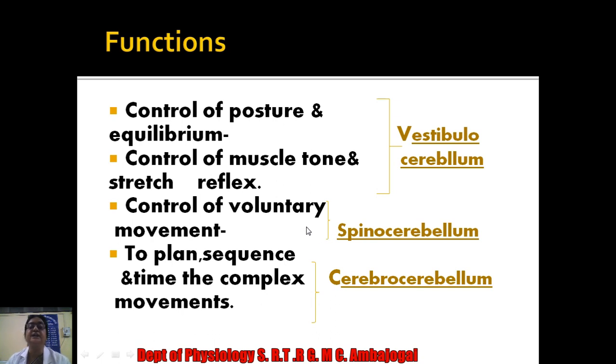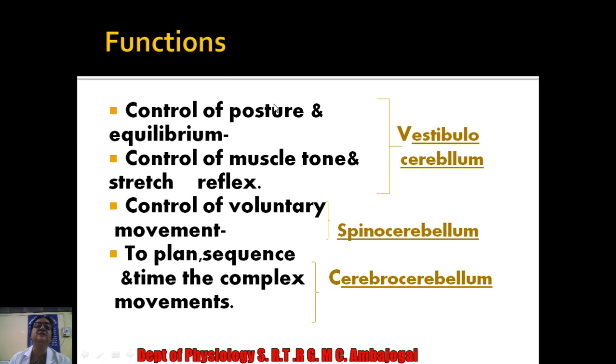This function is carried out by the spinocerebellum. And the third important function is to plan, sequence and time complex sequential activity, that is the function of the lateral part of the cerebellum, the cerebrocerebellum.